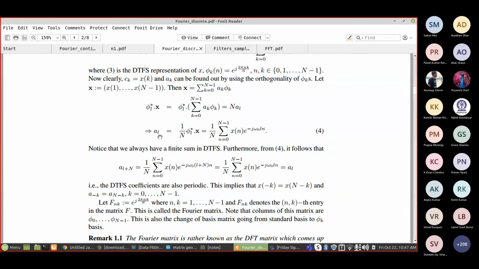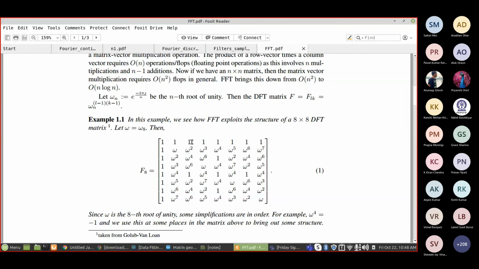So for example, if I want to find A0, at L is equal to 0, then this is going to be 1, and what I get is just x0 plus x1 plus x2 like that up to xn minus 1. Yeah, that's what we have here, column of all ones. And so when you take DFT of a vector, you have this matrix multiplying the time domain coefficients.